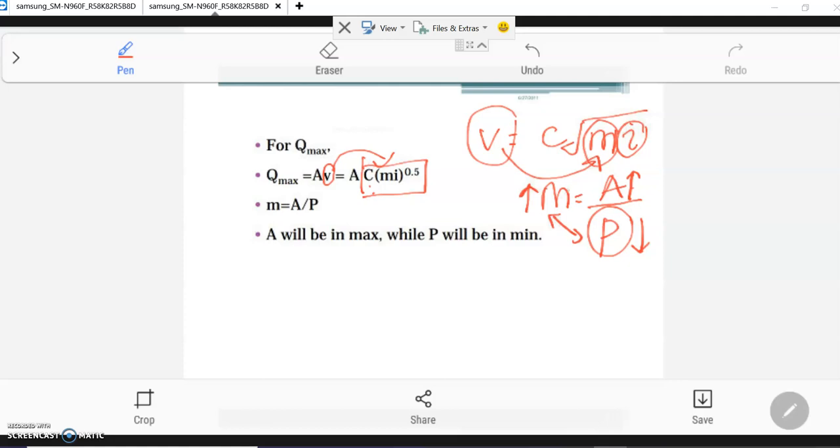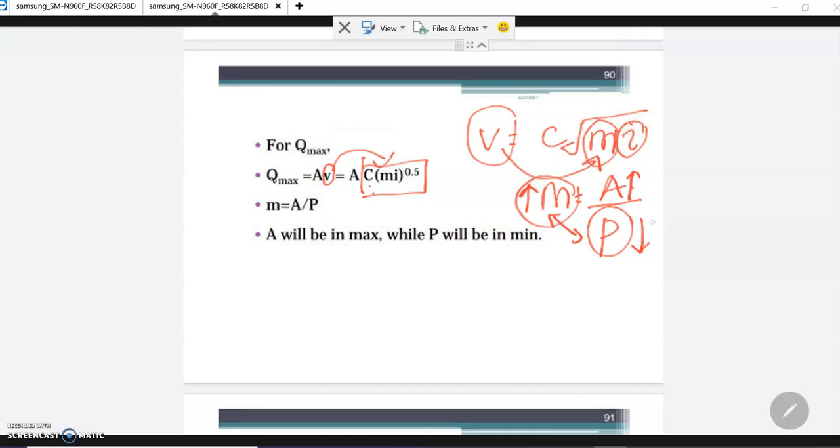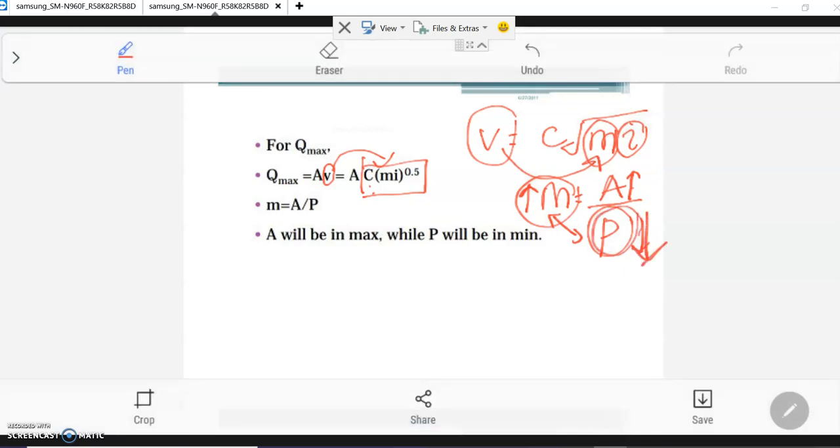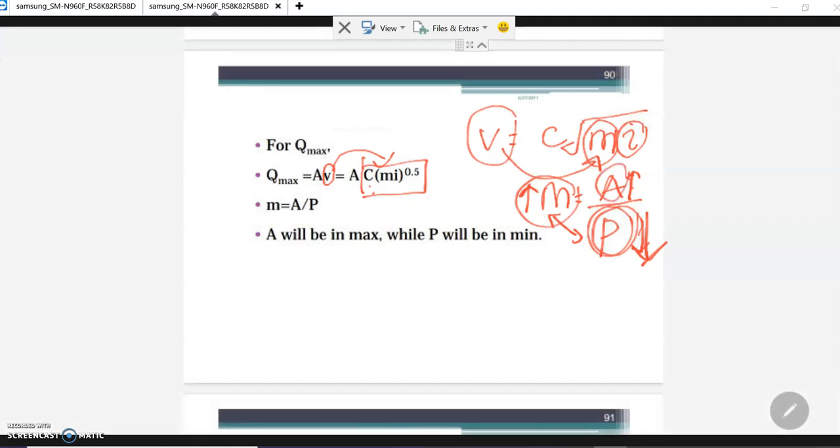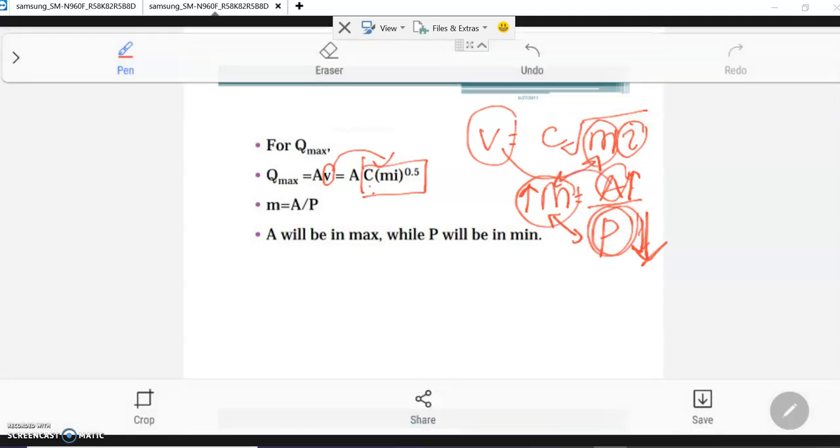To get the higher M, the wetted perimeter must be a small value, smaller than the area. That will give a higher hydraulic mean depth M.